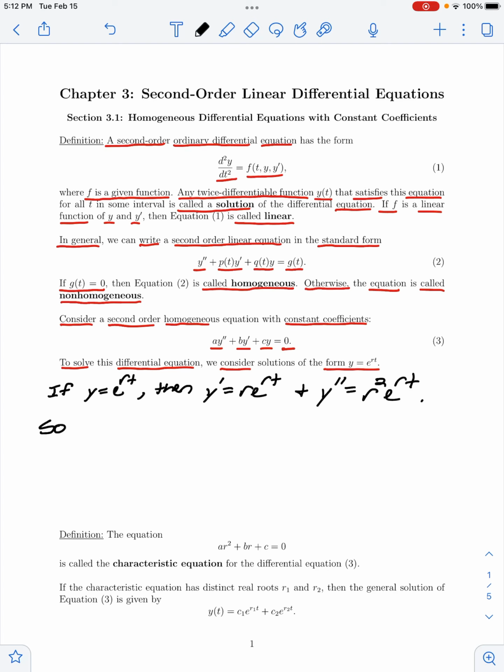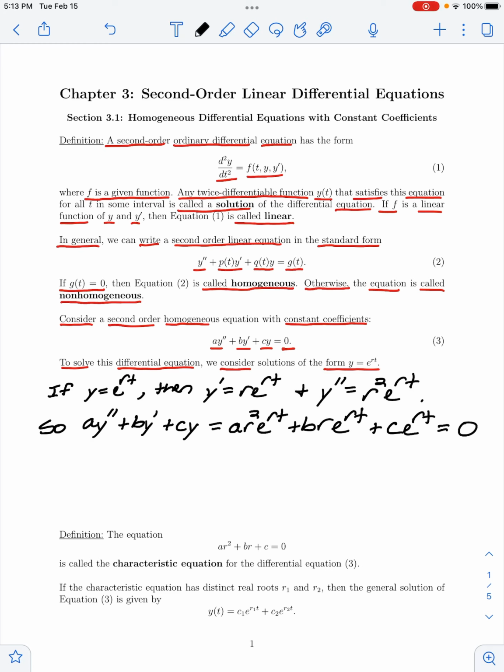So if we substitute y and the first two derivatives into our differential equation, equation 3, we're looking for a y double prime plus b y prime plus c y, which would give us a r squared e to the rt plus b times r e to the rt plus c times e to the rt is equal to 0 in order to be a solution of this homogeneous equation.